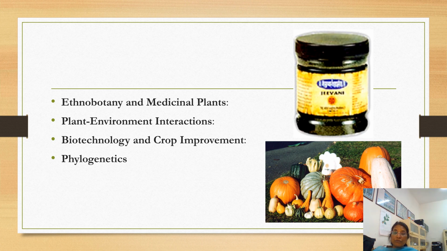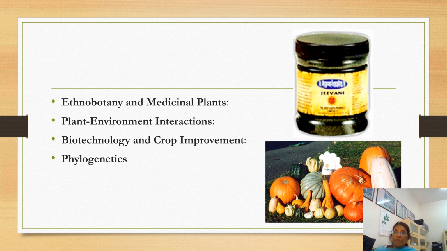And they also go through a lot of challenges. Hence, understanding this kind of interactions will help us in the in situ conservation program and also the ex situ conservation program, and also helps us to take up research programs to conserve the threatened plant species.